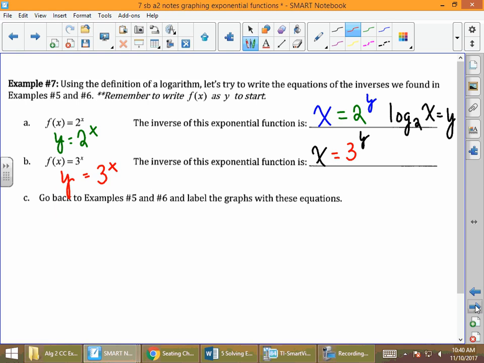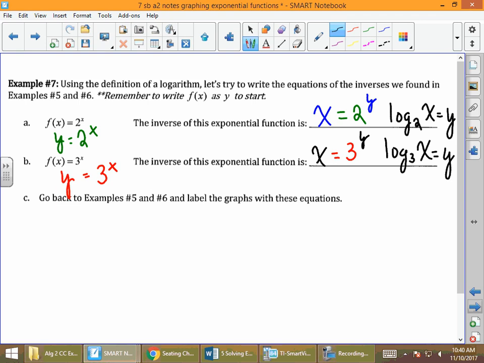A logarithm is another way of writing an exponent. So when we write this here, the exponent of this inverse, which is y, is what our logarithm is going to equal. And this one's log base 3 of x.